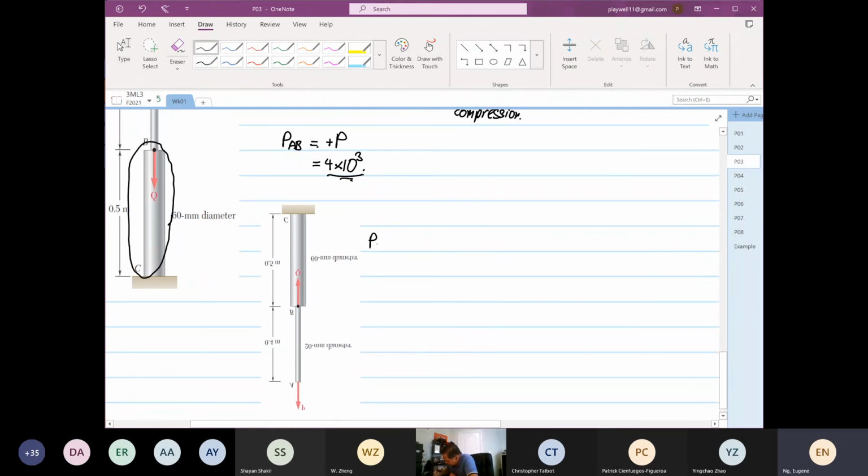So PBC is equal to P or 4,000 minus Q, where PAB is equal to just positive 4 times 10 to the power 3.